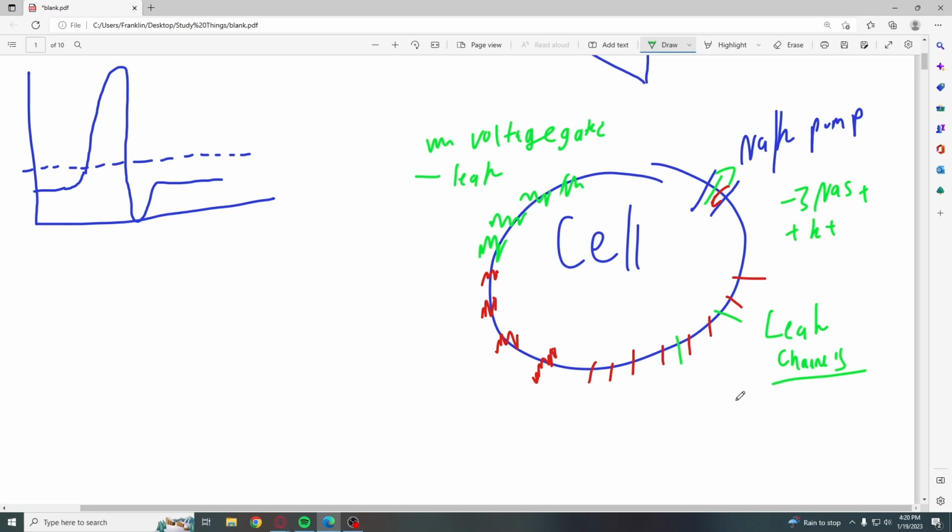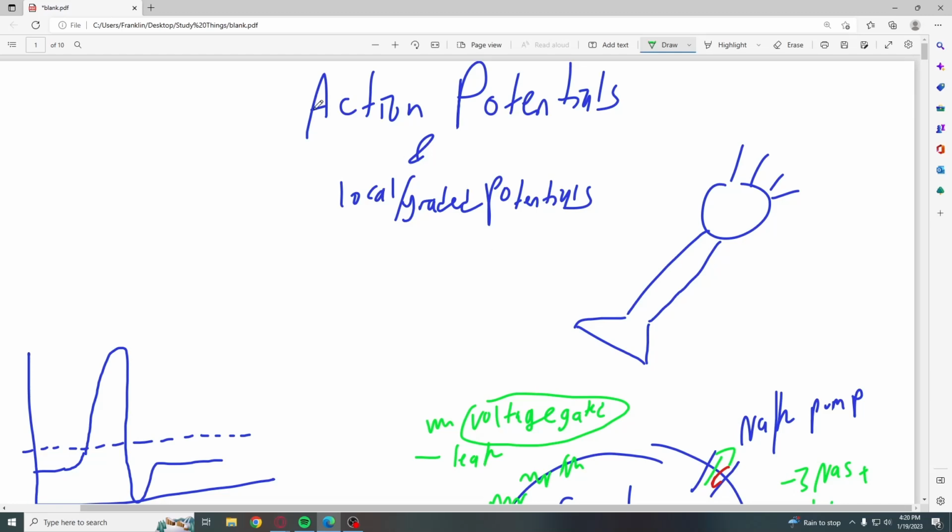They will always be leaking Ks and Nas. And the voltage gated channels are gated by voltage, and so you need to power them for them to be open.